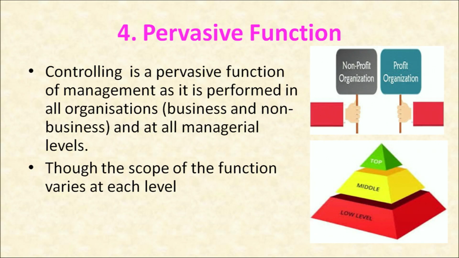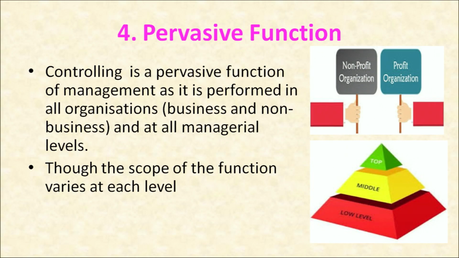No work can be accomplished until and unless controlling is ensured in those kinds of organizations as well. So, it is a function which is required in every kind of organization, irrespective of whether it's a business organization or a non-business organization.